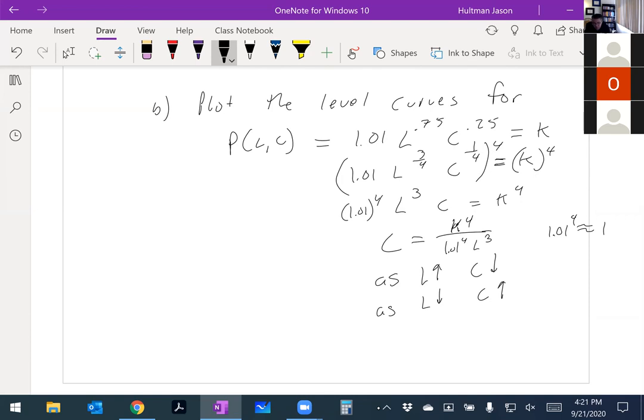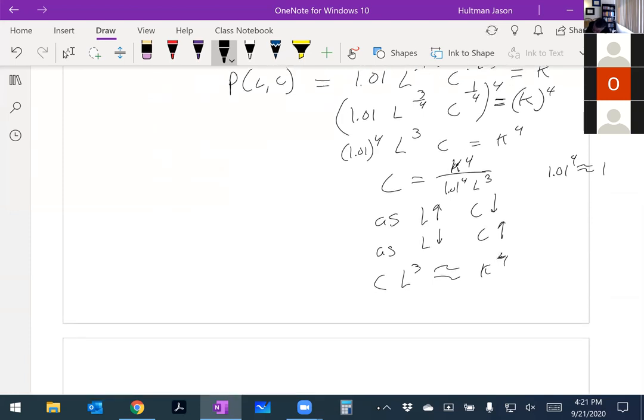So they have kind of this inverse relationship between each other. And so I can basically say that we roughly have C times L cubed is approximately K to the 4th power, right? Okay, it's approximately, not equal, because 1.01 to the 4th power is like 1.04. It's close.